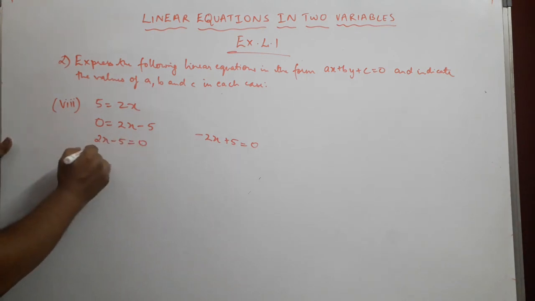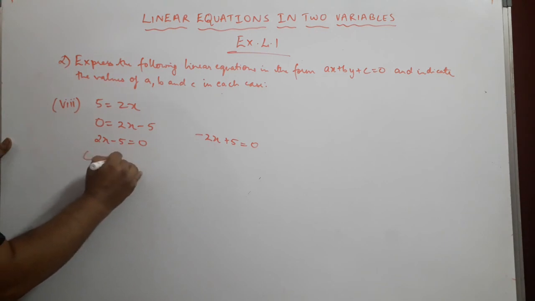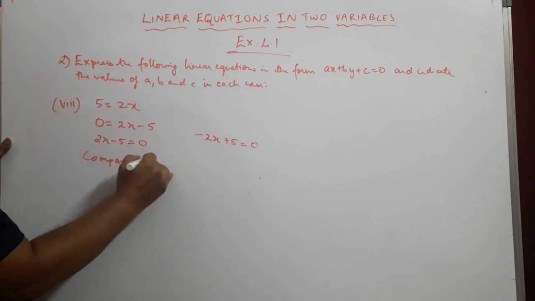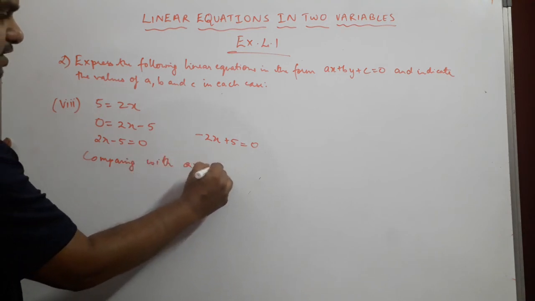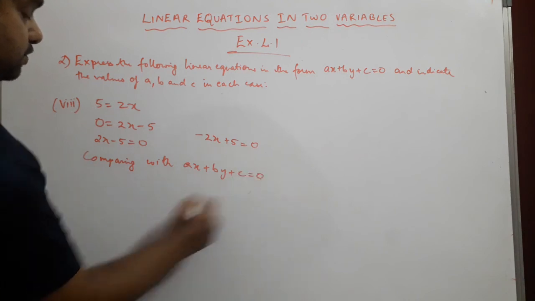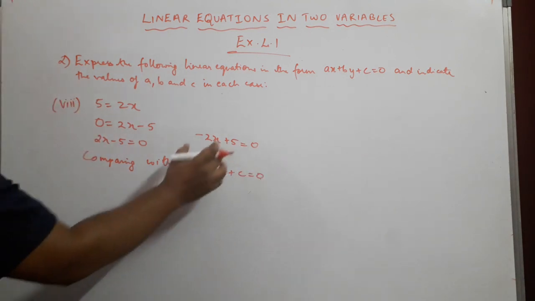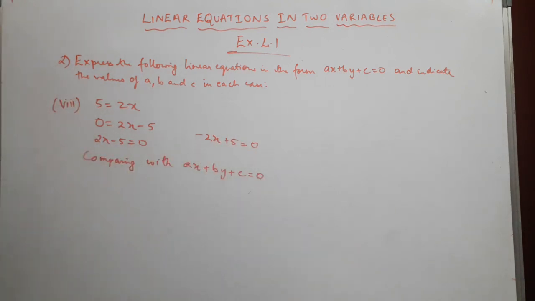So here, comparing with ax plus by plus c equal to 0, the values will differ because the signs are different.